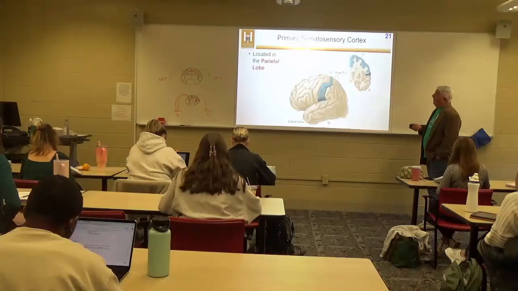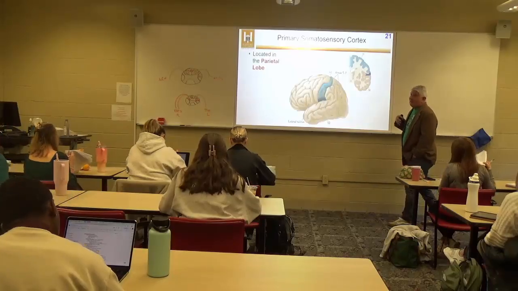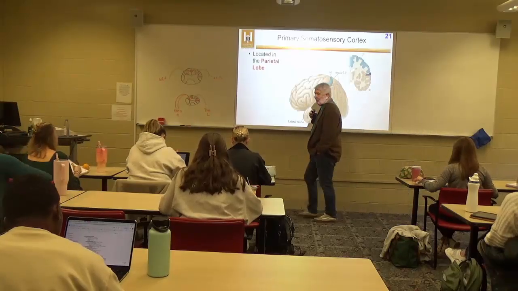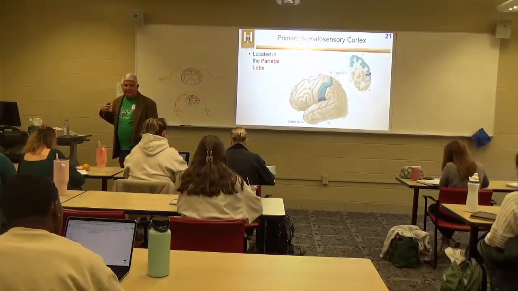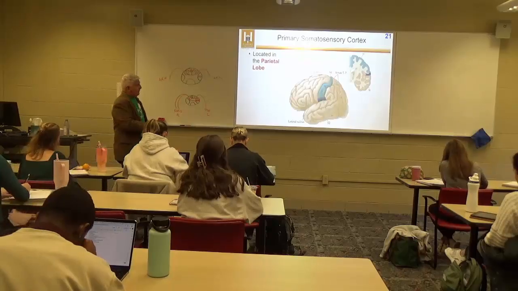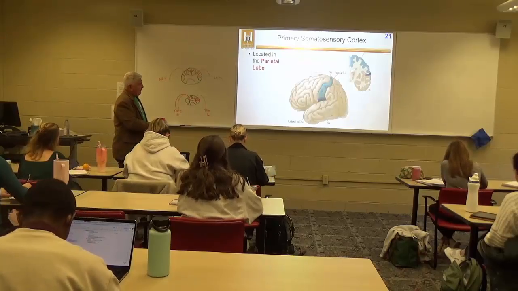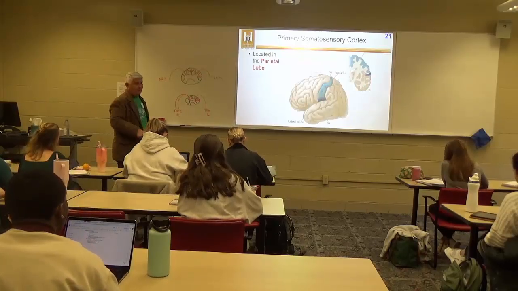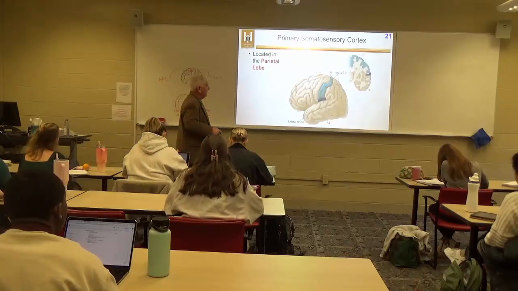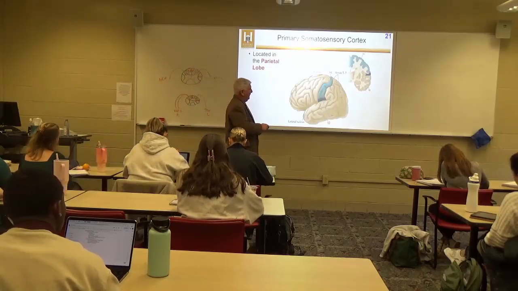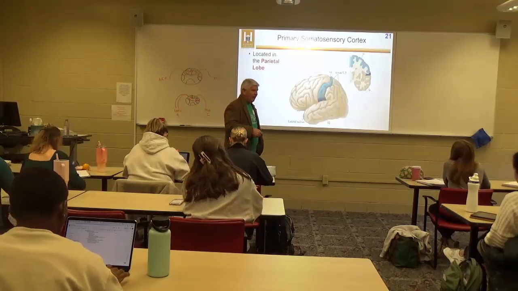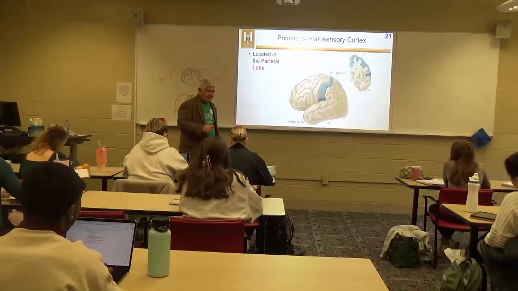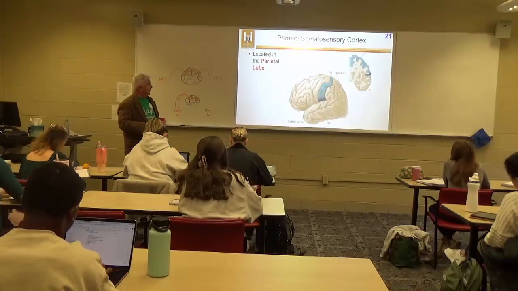All right, so we get up to primary somatosensory cortex, which is in the post-central gyrus, right? So you have the central sulcus that's separating the frontal lobe from the parietal lobe. So this is the very anterior gyrus of the parietal lobe, S1, somatosensory cortex.